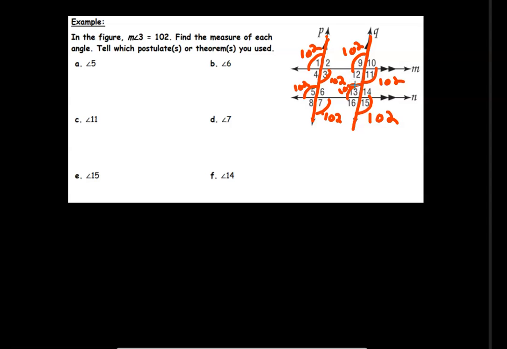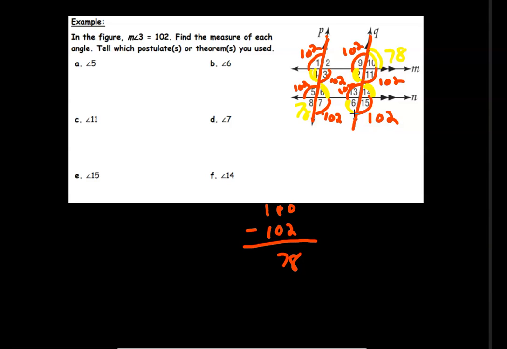All right, so the others aren't 102, they're supplements. So 102 from 180 gives me 78. So the other ones are all 78. This is 78, I'm going to give it two curves, 78, 78, 78, 78, 78. So all those are 78.